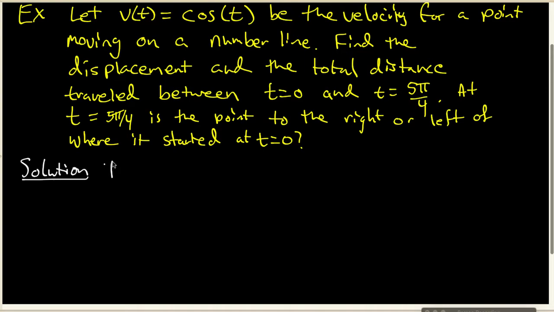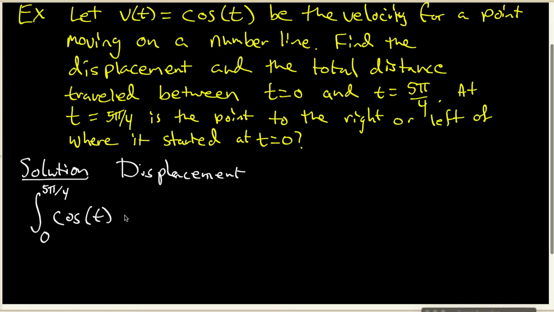So for displacement, all we need to do is find the definite integral from the starting value to the ending value, which were 0 and 5 pi over 4, of our velocity function.